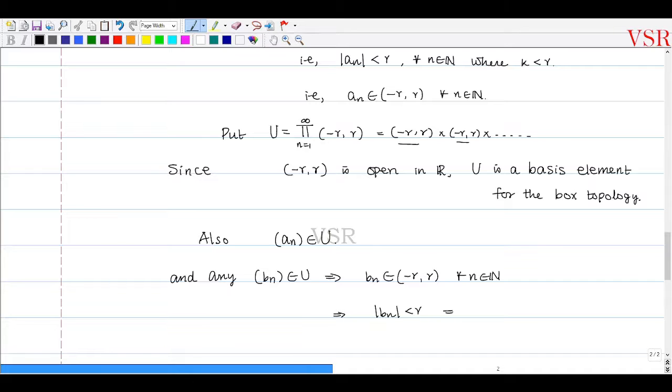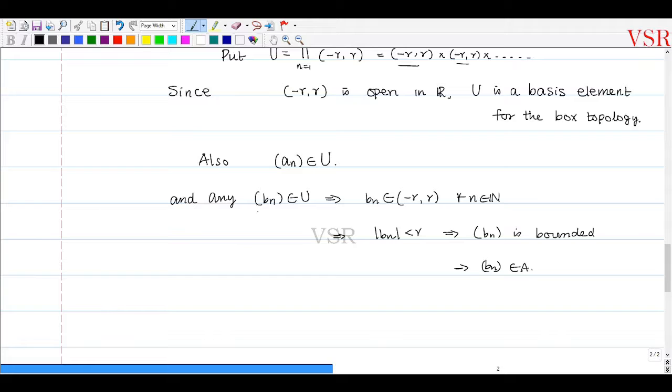So this implies that bn is bounded. Okay. So this implies that bn belongs to A. அப்ப நீங்க என்ன ப்ரூஃப் பண்ணிருக்கீங்க? If bn belongs to U, this implies that bn belongs to A அப்படின்னு ப்ரூஃப் பண்ணிட்டீங்க. Hence U is always a subset of capital A.